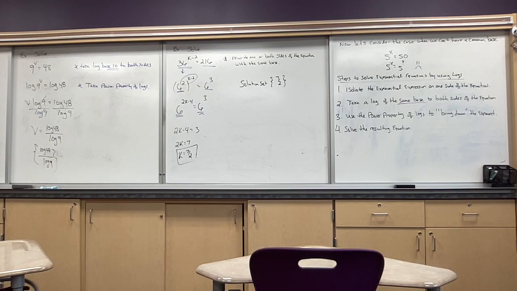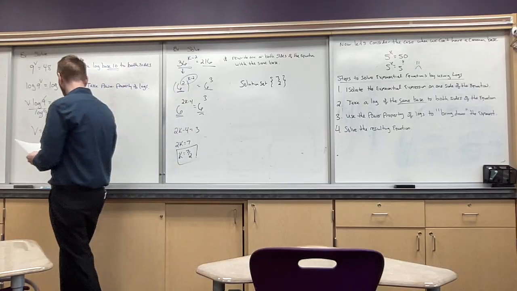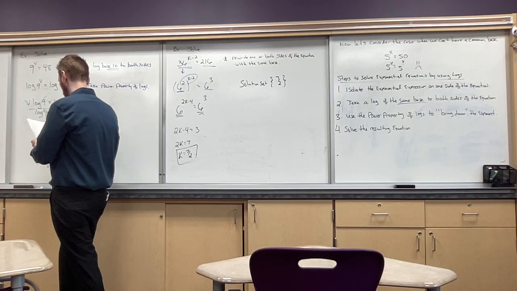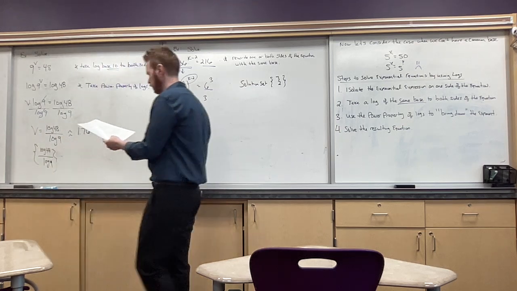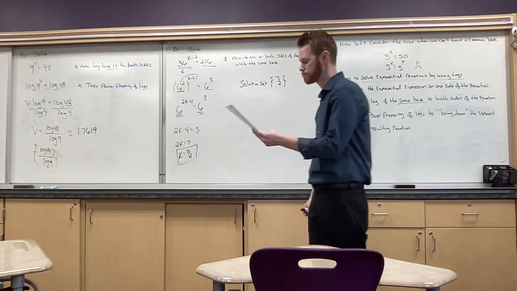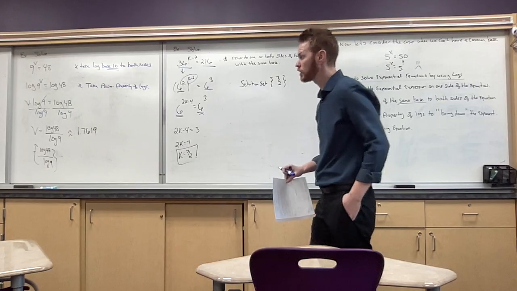Now that's an exact solution, right? Because I'm not rounding anything. I'm letting the person have all those digits. But if you typed in your calculator, okay, I'll put an approximation here. You get 1.7619. So that's the power. And you can check your work.